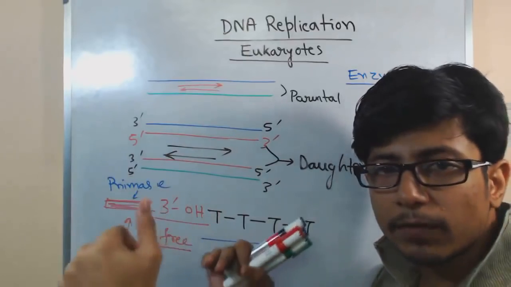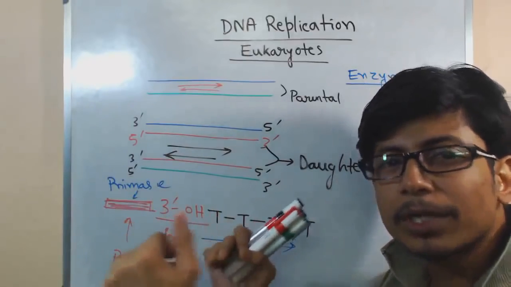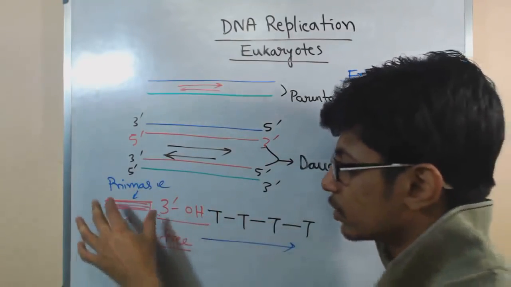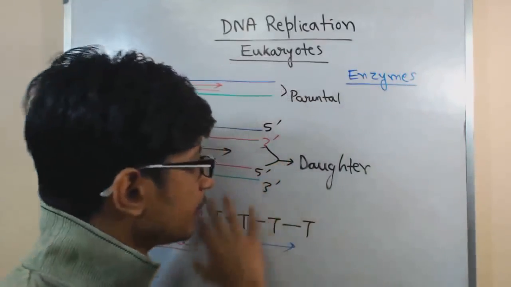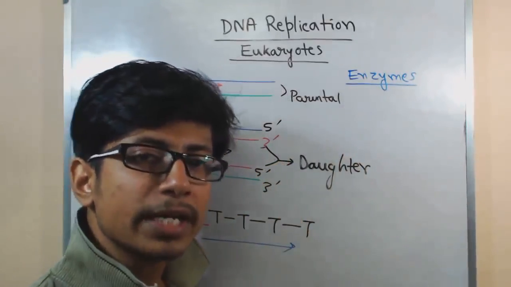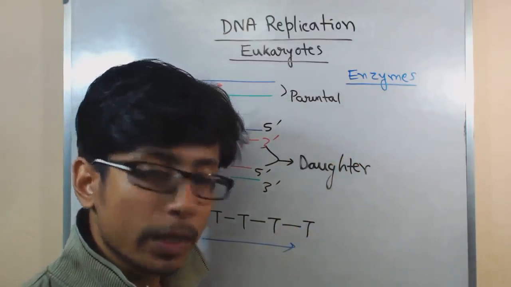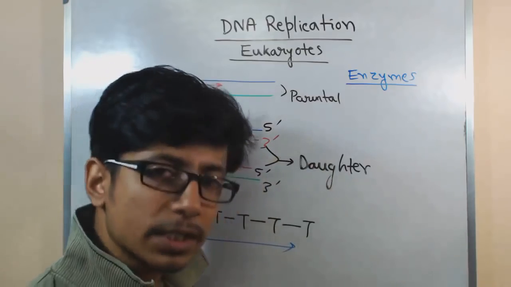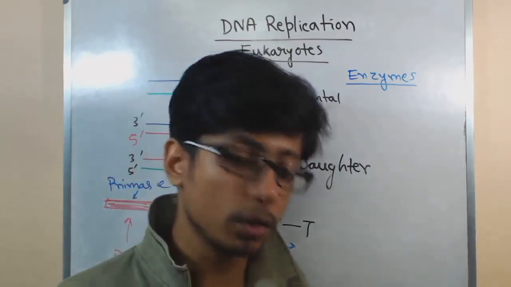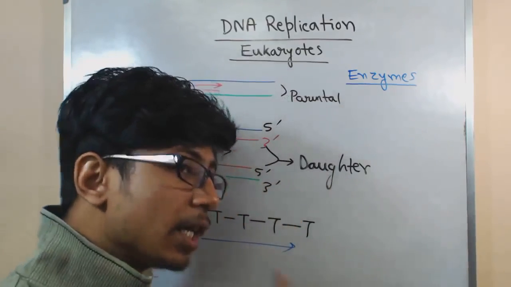So we produce a kind of ribonucleotide and deoxyribonucleotide hybrid. We don't need that. So these primer components are removed and replaced with deoxyribonucleotides by DNA polymerase 1 in prokaryotes.